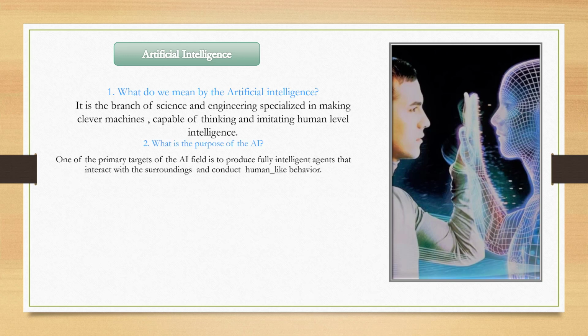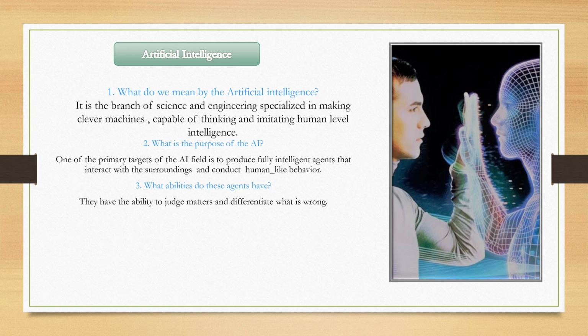What is the purpose of the AI? One of the primary targets of the AI field is to produce fully intelligent agents that interact with the surroundings and conduct human-like behavior.